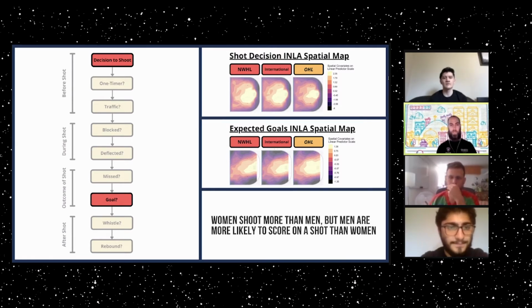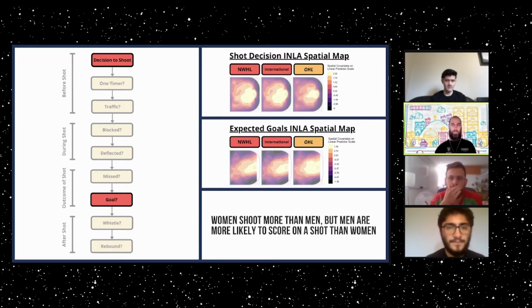It goes from the net to the top of the circle, basically, while in women's hockey it only goes up to the circle ears and stops there. But we can also see that women shoot more, as shown on the heat map at the top of the slide. So they shoot more and from farther away, which leads to a paradox where women shoot more than men, but men are more likely to score on a shot than women. Why is that?